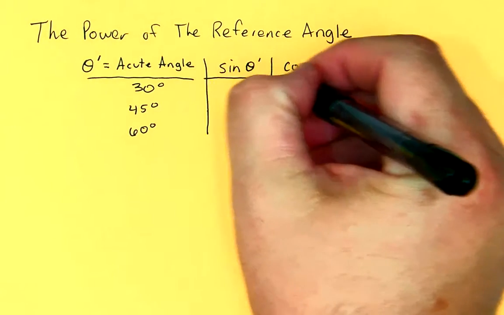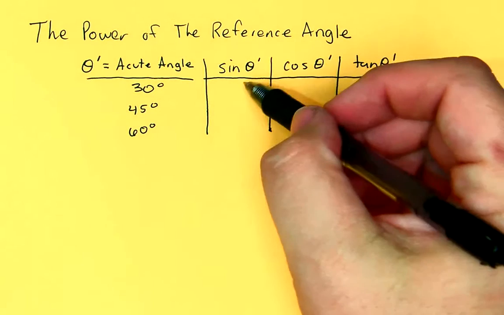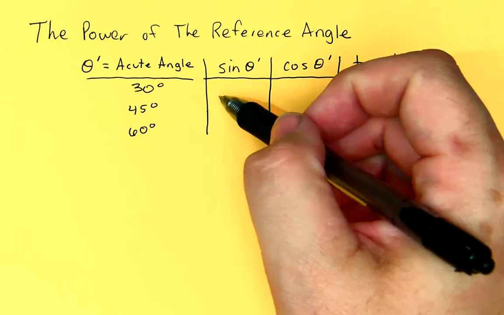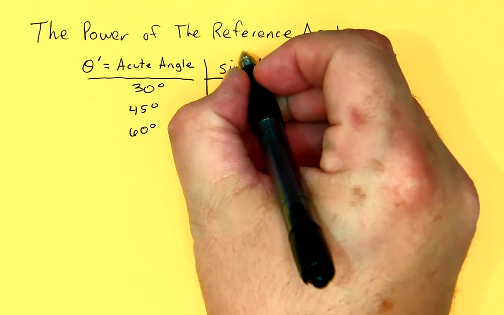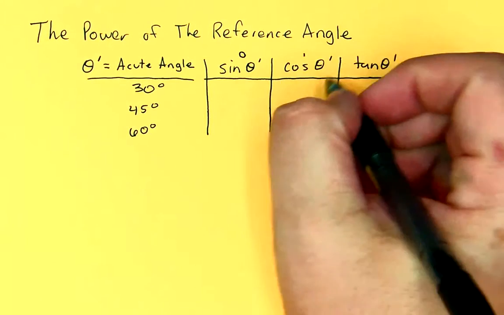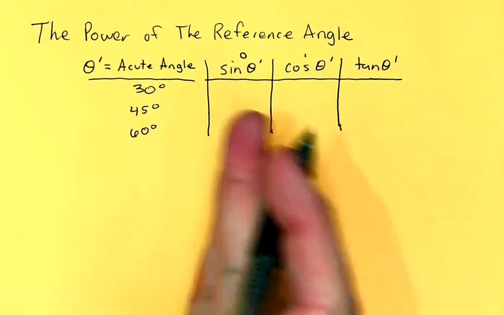Now, as we go through this, you have to commit to memory the sine of 30, 45, and 60. Remember, the sine starts at 0.